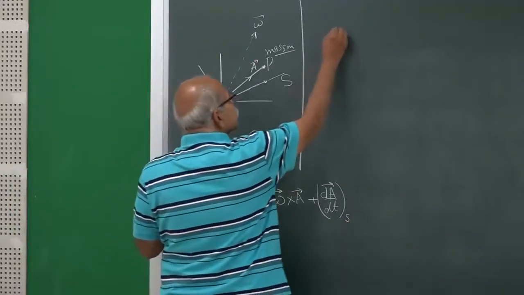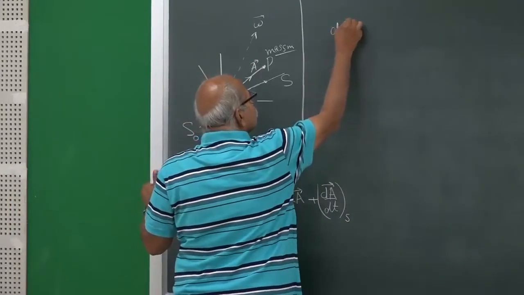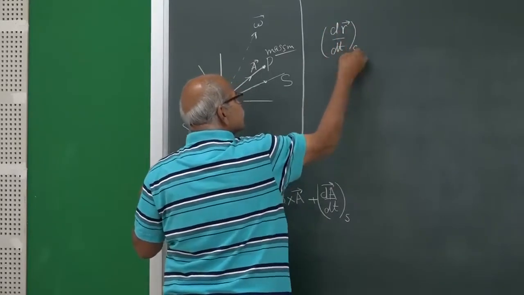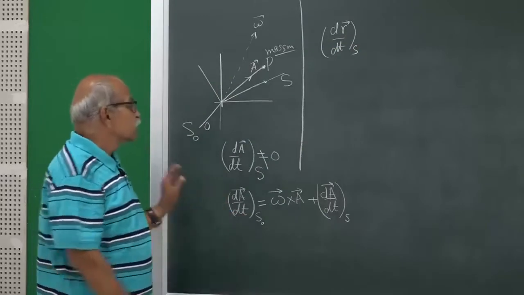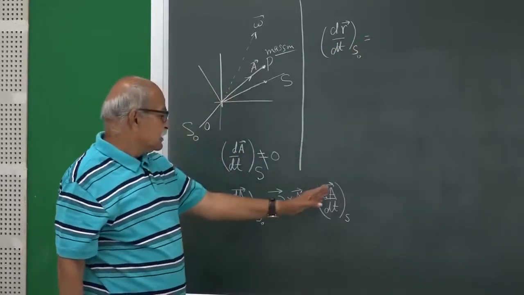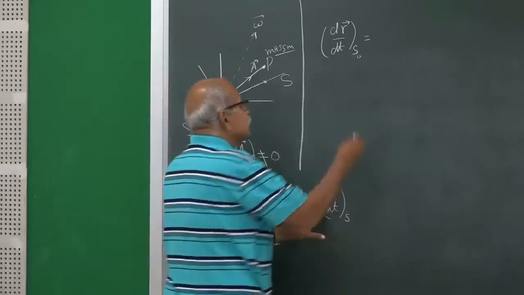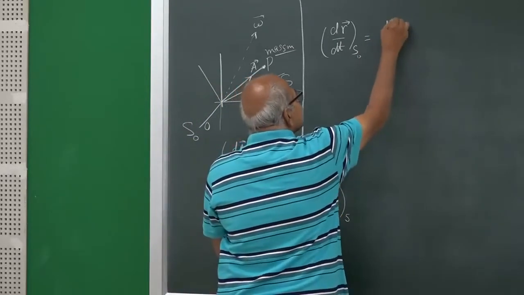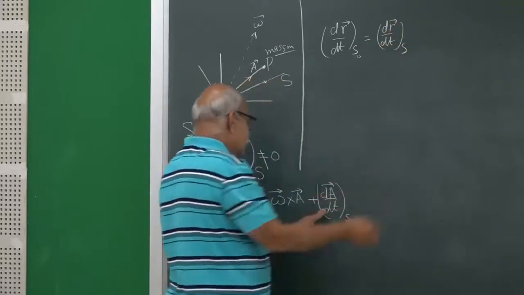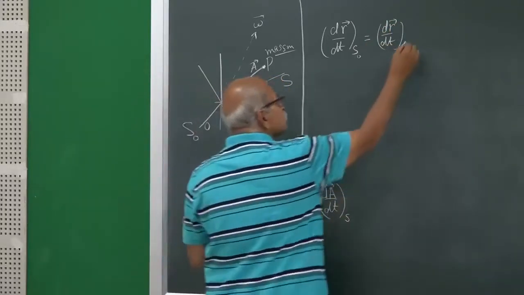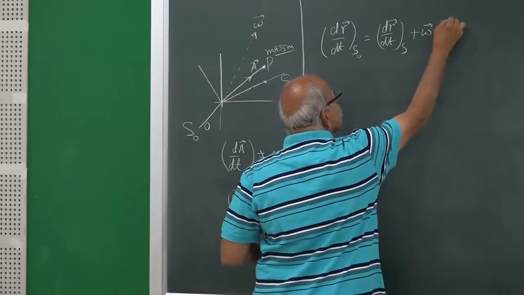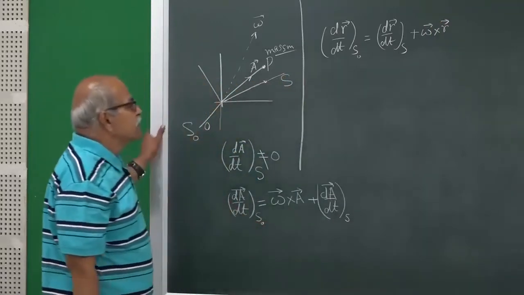So, what do we get? dr/dt as seen in the S naught frame is equal to dr/dt in the S frame, the rotating frame, plus omega cross r vector. This is what we get here.